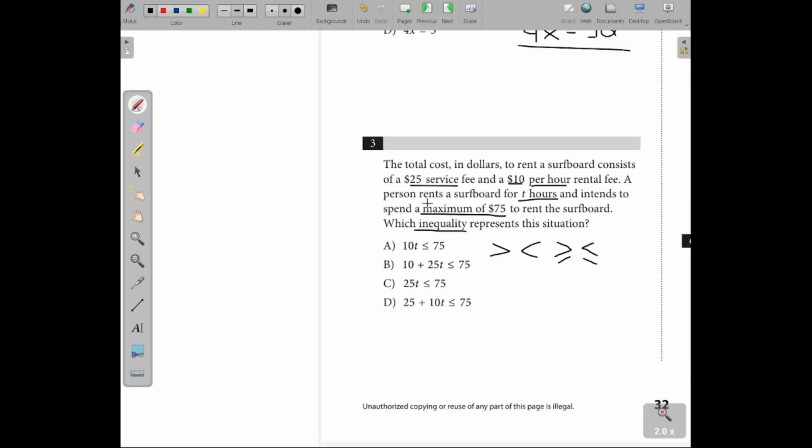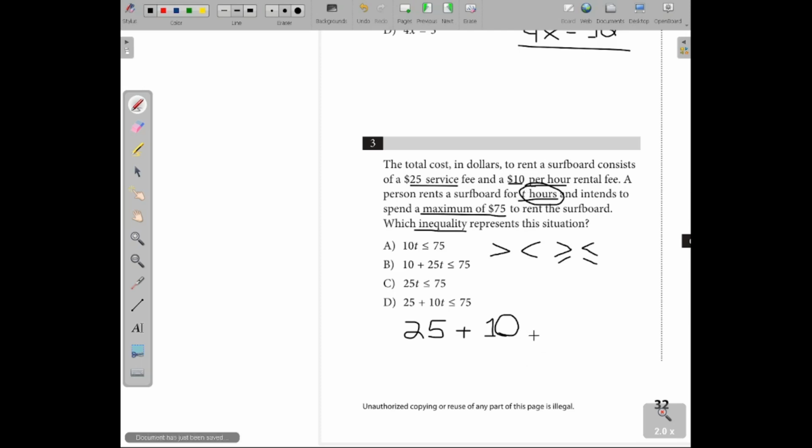So we have two costs. One is the $25 service fee plus, so this fee plus this other fee has to be less than or equal to 75. The other fee is $10 per hour, and we don't know the hours.